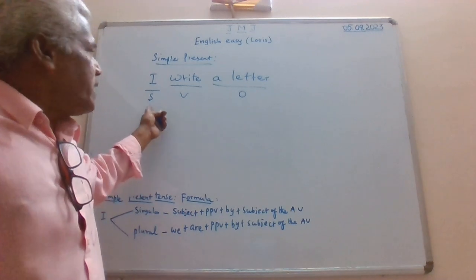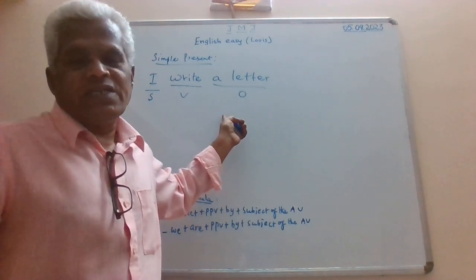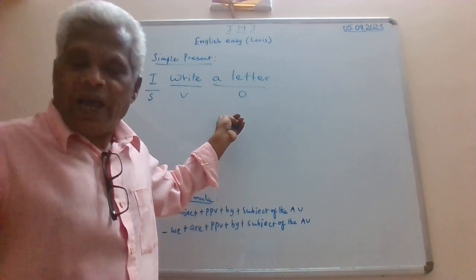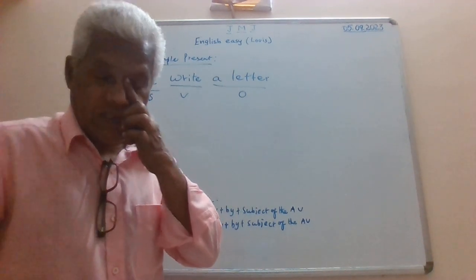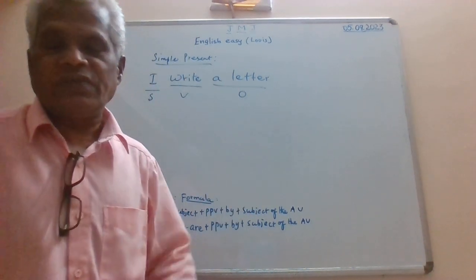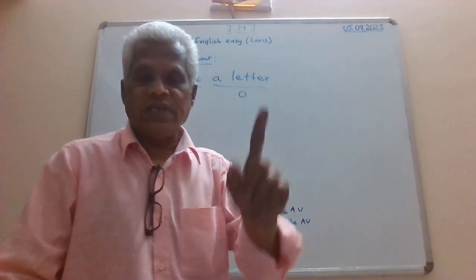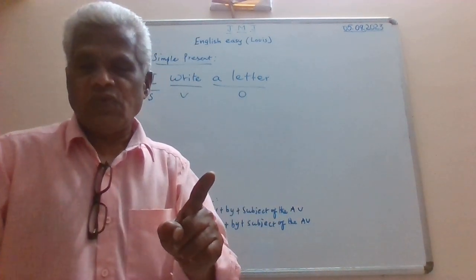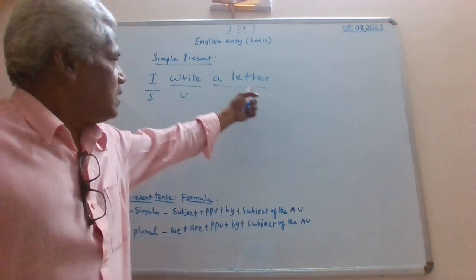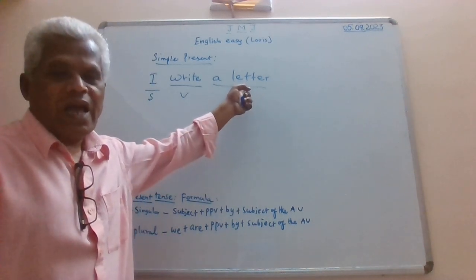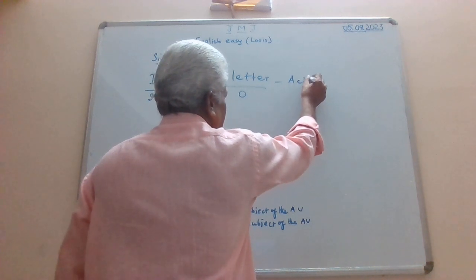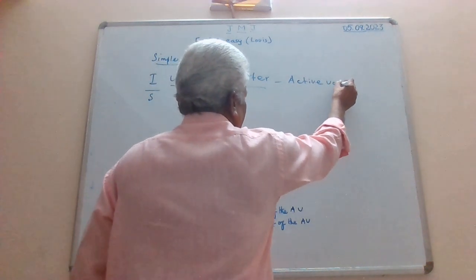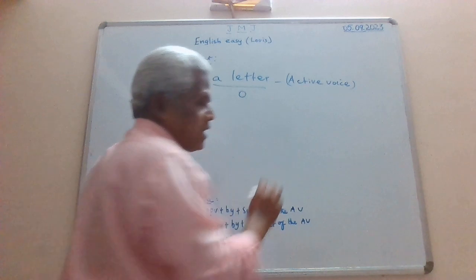Now, if you are going to change this simple present tense sentence from active to passive, remember the rules that we saw yesterday, in my previous video. The first thing is, what are we supposed to do? Object of the active voice. By the way, this is in active voice. You must be very clear about that.